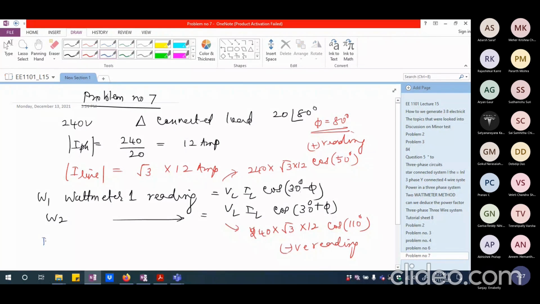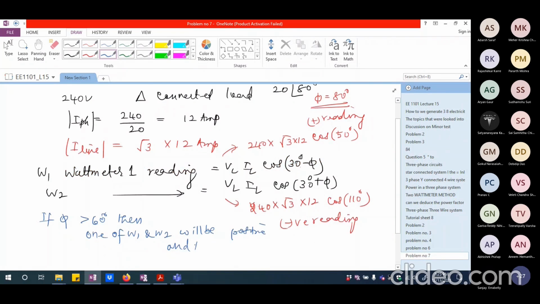So if the phase angle phi is greater than 60, then one of W1 and W2 will be positive and the other will be negative. Okay, fine.